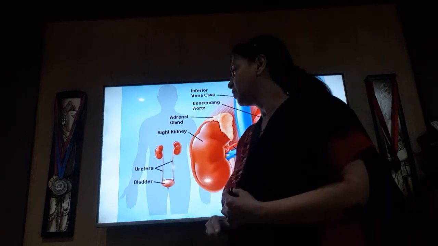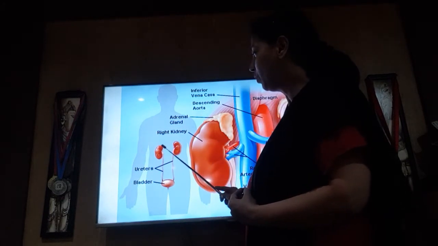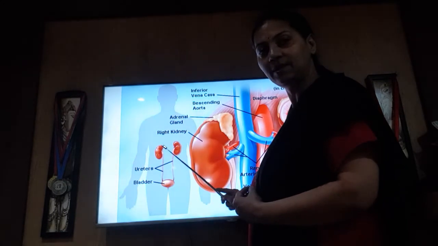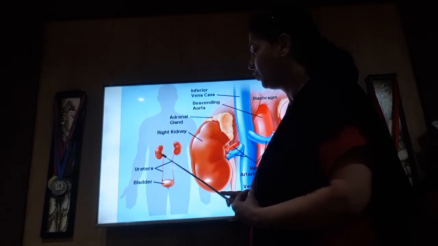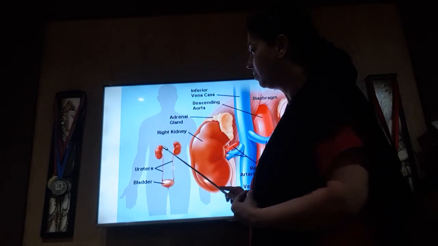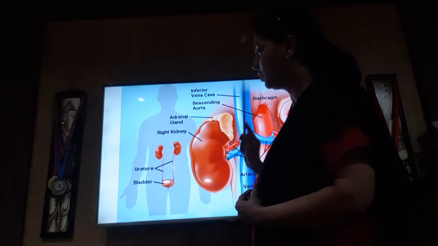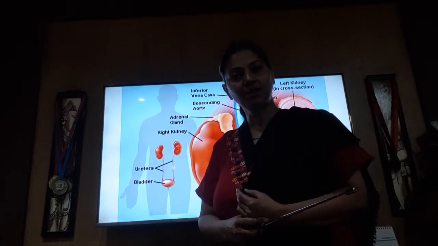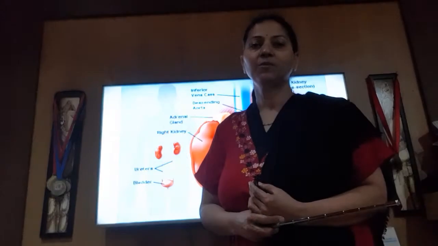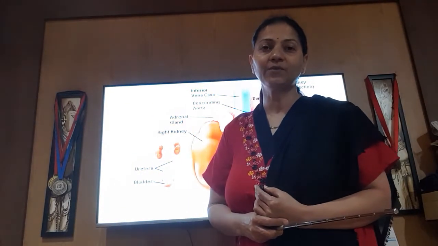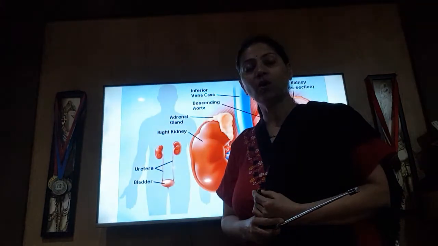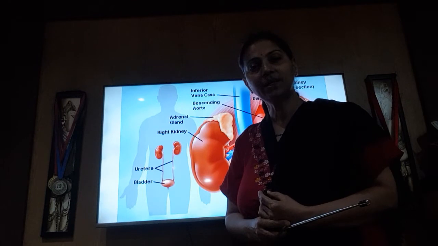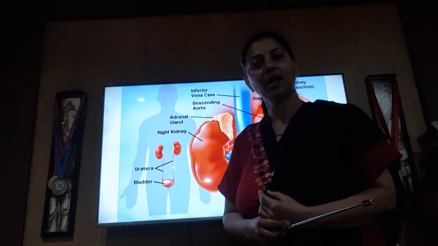Clear? So I again repeat: upper pole, suprarenal gland, hepatic area, that means the liver is related. Below it, colic area, then jejunal area, and the medial border is related to the duodenum. So these are the structures which give impressions on the anterior surface of the right kidney, or we can say these are the organs which are related to the right kidney anteriorly.